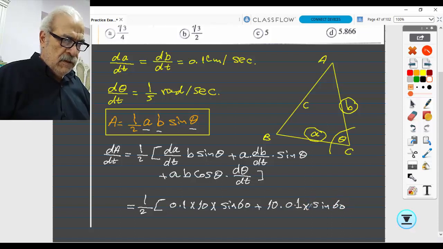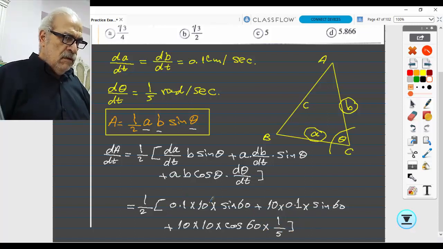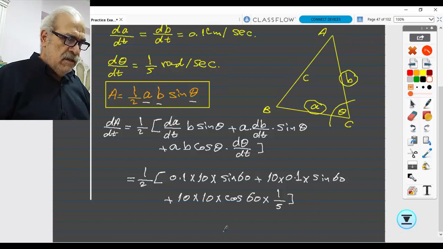Okay, let's correct it. The third term, A, it's 10. Multiply 10 again. Multiply cosine 60. Multiply d theta/dt equals 1/5. And we calculate this value.